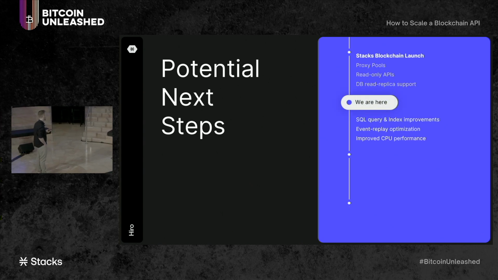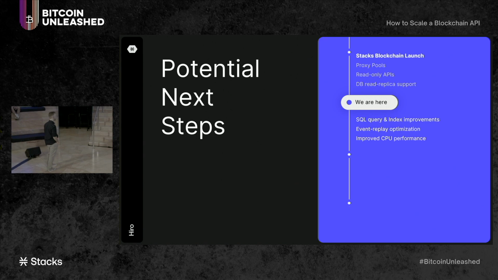Where we are currently, the current set of improvements that are being worked on are SQL query performance improvements, as well as SQL index improvements, so that whenever data gets fetched from the Postgres database, it will spend fewer cycles looking for the data and come back with a response much faster.